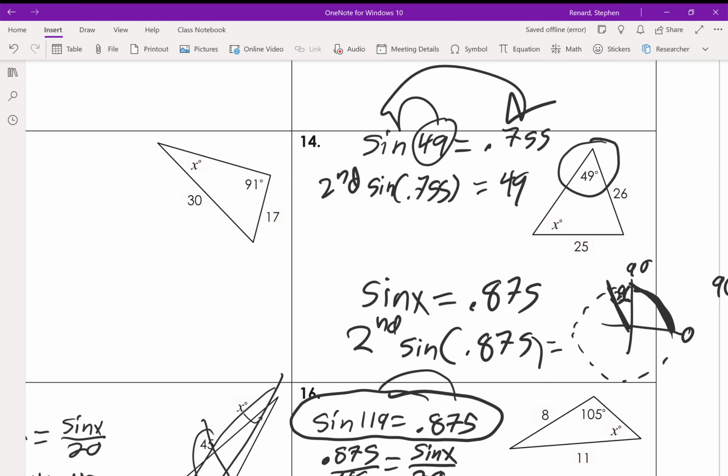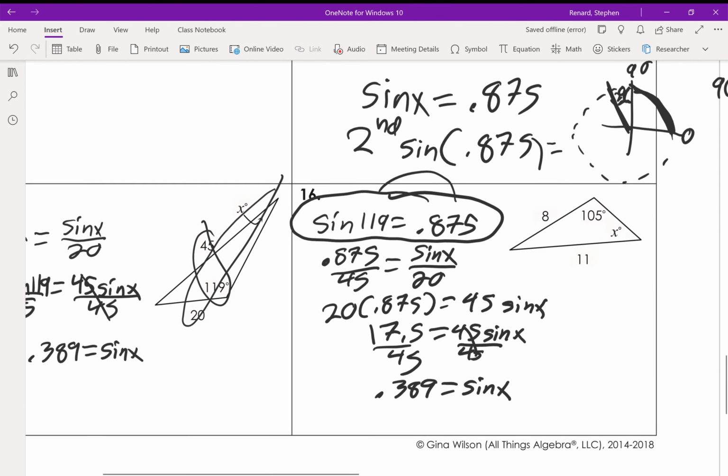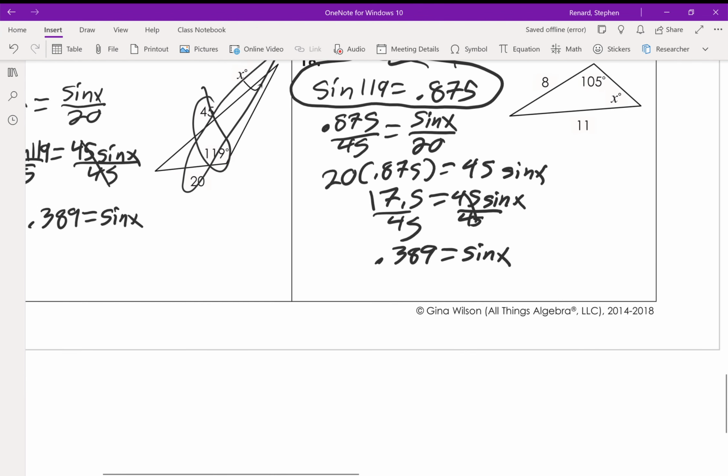It's important to realize that when we're talking about sine, cosine, and tangent, these ratios are constant. So when we get something like this, and we can't divide by sine, that doesn't work.